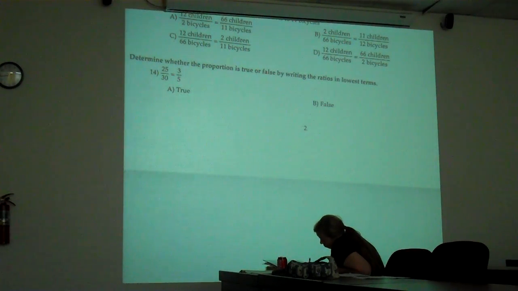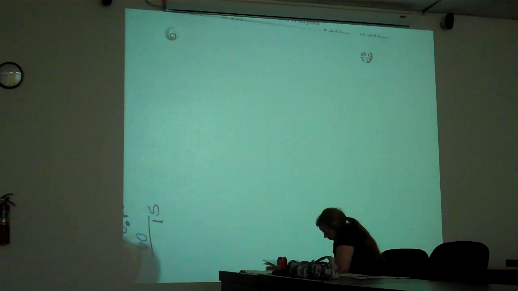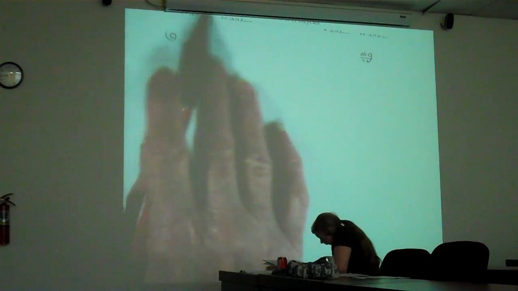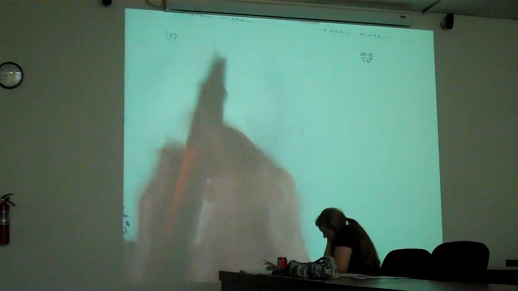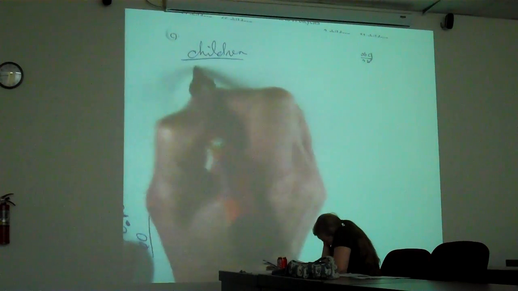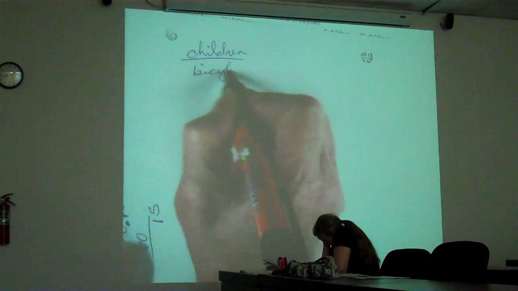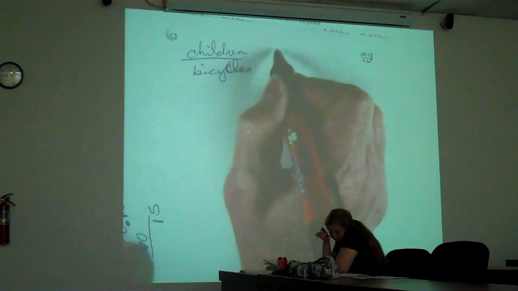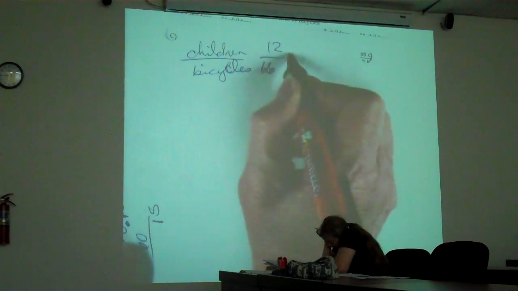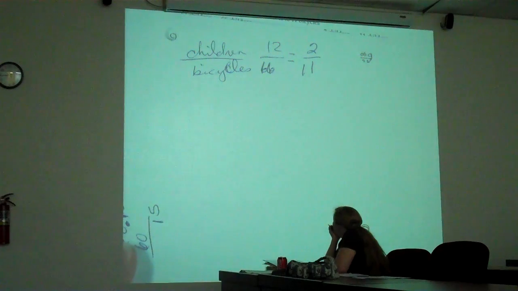Okay. 12 children is to 66 bicycles as 2 children is to 11 bicycles. You're writing a proportion. You can write children out here and bicycles down here. You put 12 to 66 equals 2 children to 11 bicycles.